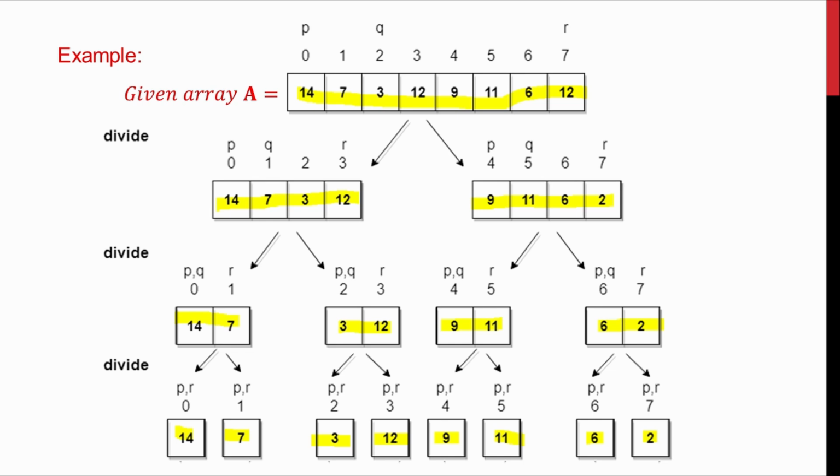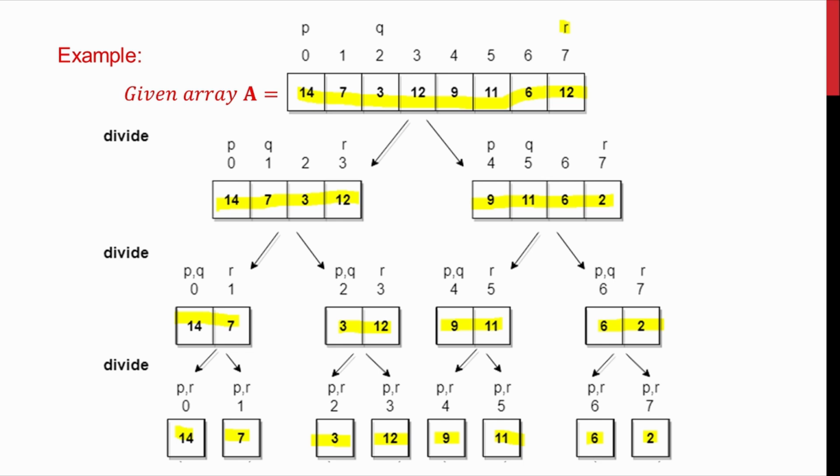In merge sort, we follow the following steps. Step 1: we take a variable p and store the starting index of our array in it, and we take another variable r and store the last index of the array in it.